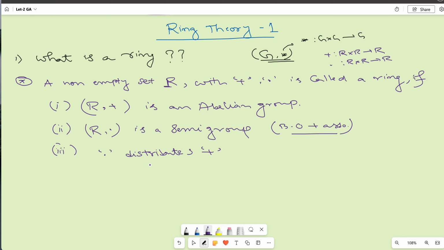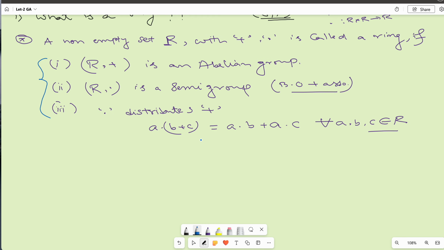That means a dot (b plus c) is a dot b plus a dot c for every a, b, c in the ring R. If these three conditions are satisfied, then we say that (R, plus, dot) is a ring structure.